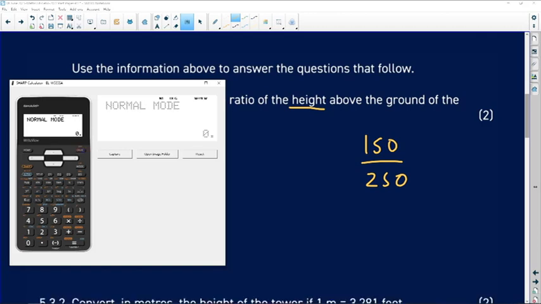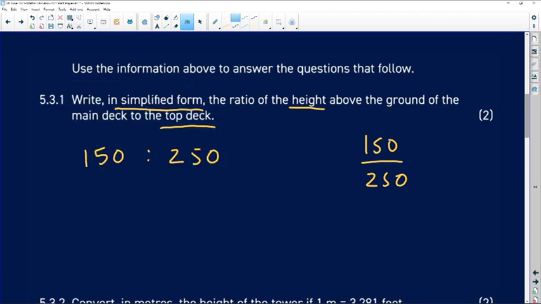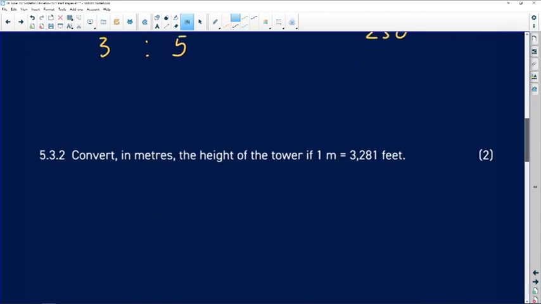So the calculator automatically simplifies it for me. So 150 all over 250, which is 3:5. Okay, so that's like a little cheat sheet. That will tell you whether the number is simplifiable, if there's such a word.